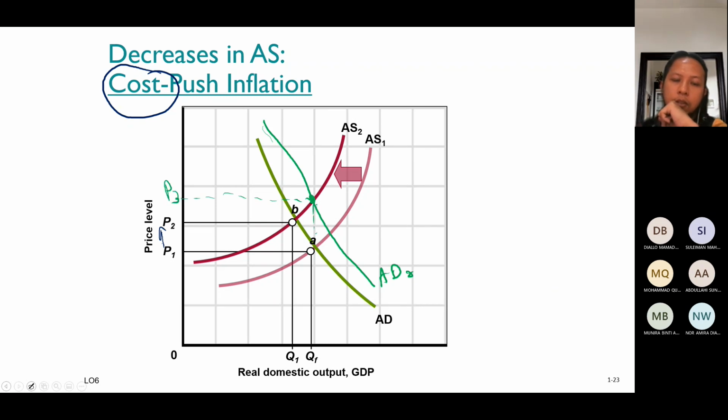So when both cost push inflation and demand pull inflation happen at the same time, the inflation will be much higher. The price level change will be much higher.